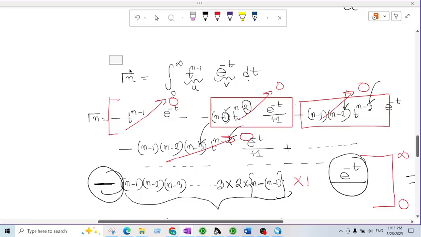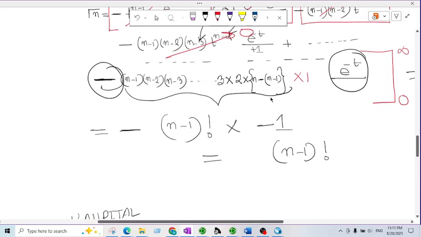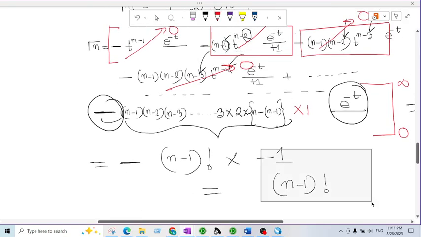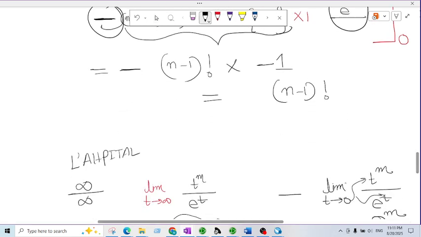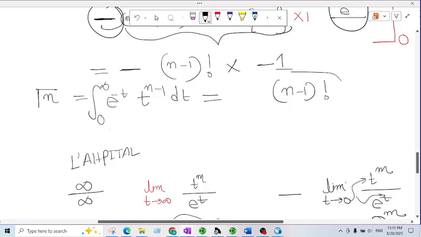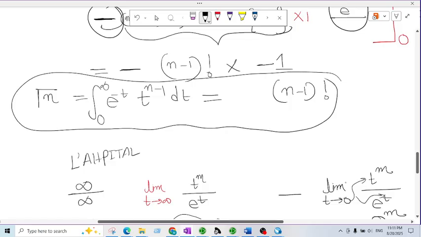Our goal was to prove that this is equal to n minus 1 factorial. So that means that gamma n, or integral from 0 to infinity of e to the power minus t, t to the power n minus 1, is simply equal to n minus 1 factorial when n is some kind of integer.